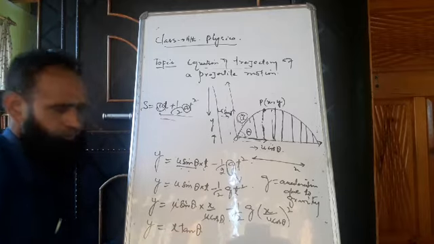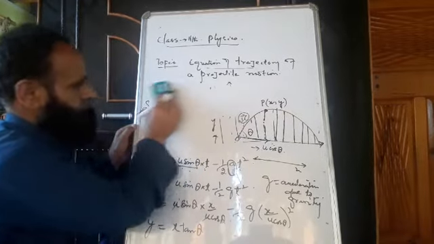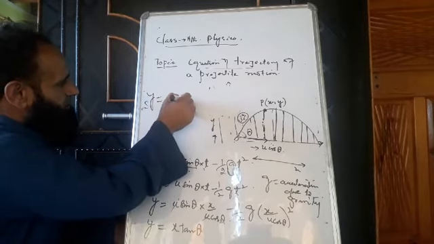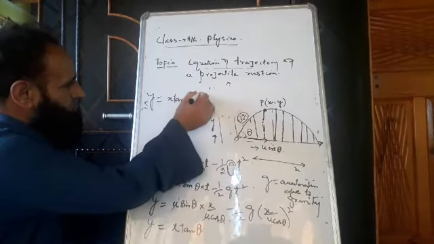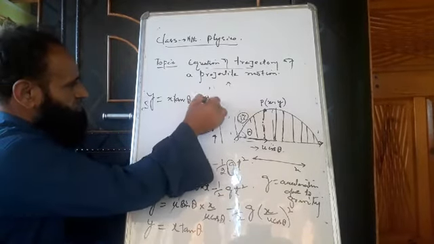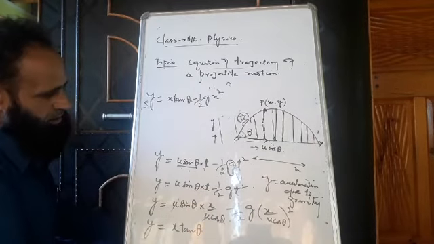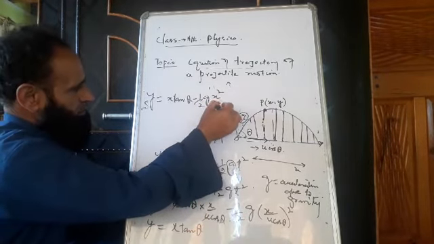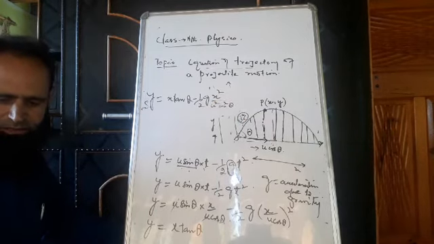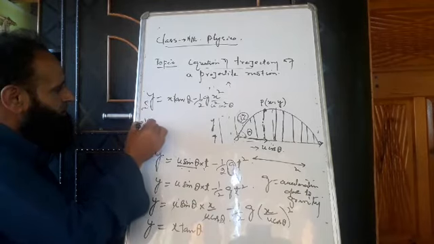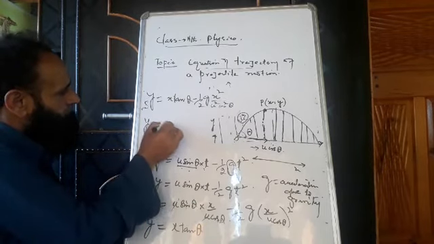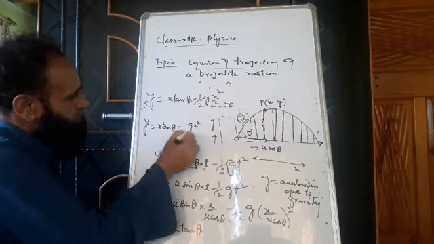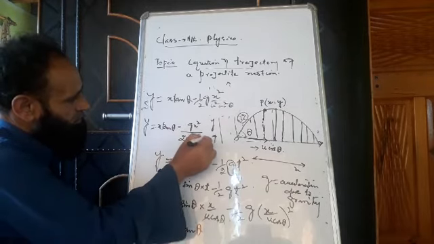So we can write y is equal to x tan theta minus 1/2 g into x square divided by u square cos square theta, that is, minus g x square divided by twice u square cos square theta.